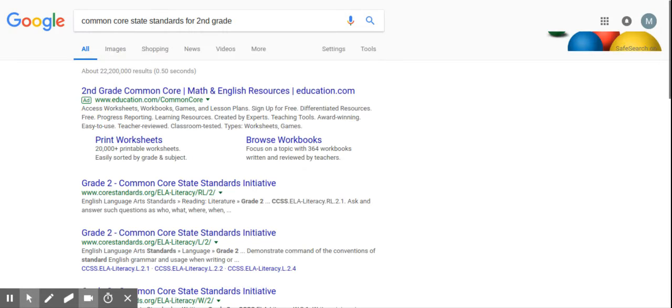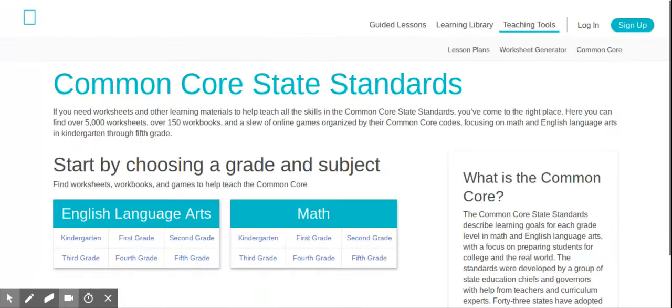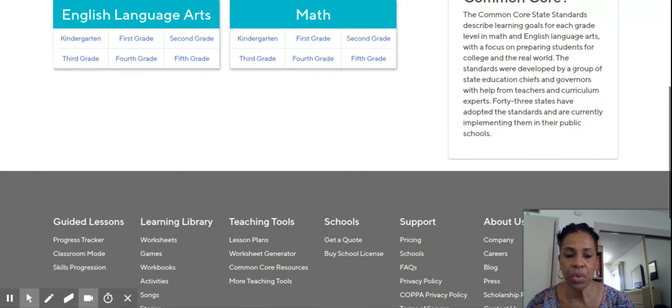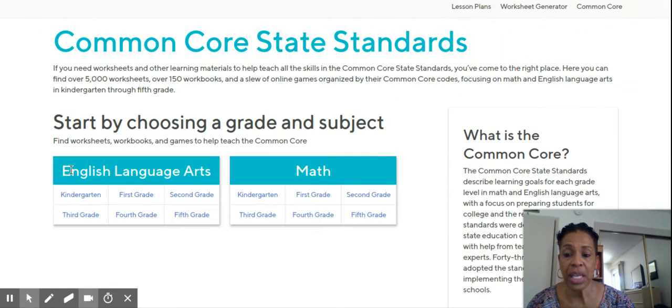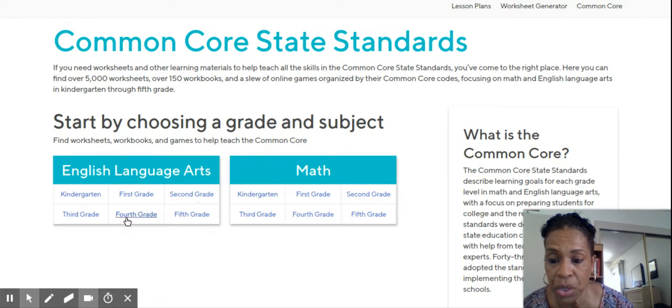And you hit enter and you just type it in and you click Common Core State Standards. It's the very first entry. And if you go through here, you can see it has English language arts for every grade level: kindergarten, first grade, second, third, fourth, fifth, and then for math, kinder through fifth grade.